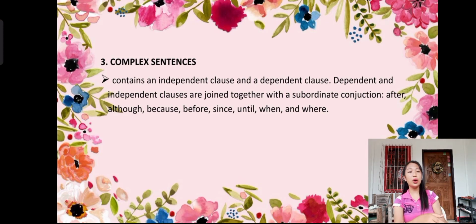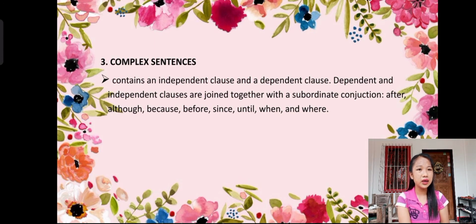So, a compound sentence consists of two or more independent clauses, while a complex sentence consists of one independent clause and one dependent clause, and we can join them together using a subordinating conjunction.